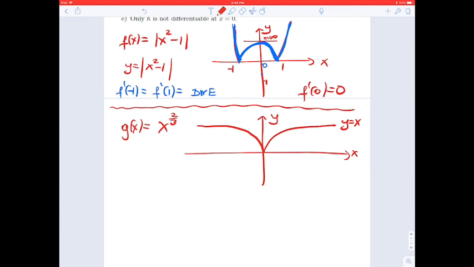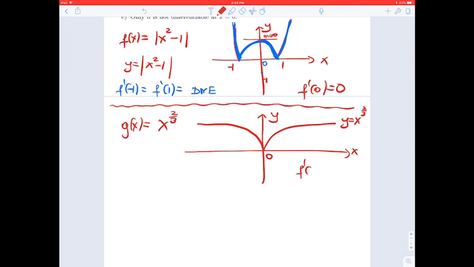This is x to the power of 2/3, the cube root of x squared. And we can definitely see that at 0 we have a sharp corner. The derivative at 0 is undefined.